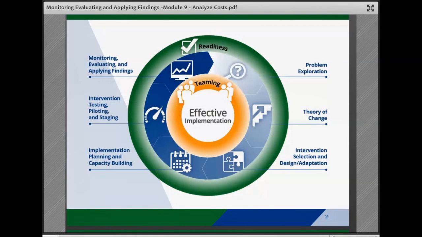The Monitoring, Evaluating, and Applying Findings brief is intended to help child welfare agency leaders, managers, and stakeholders take a structured approach to plan for and execute strategies to monitor and evaluate implementation efforts and interventions, strategies to collect and analyze data for a variety of evaluation types, and then using data to make decisions and plan for sustainability of programs where feasible.